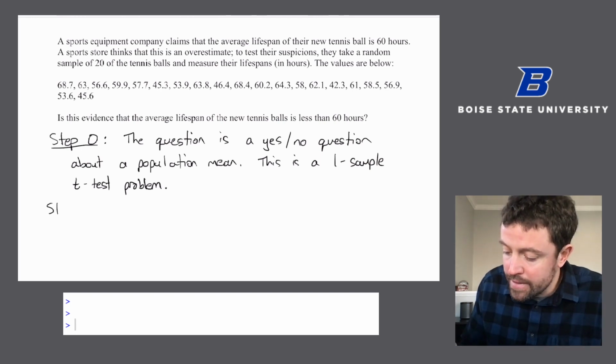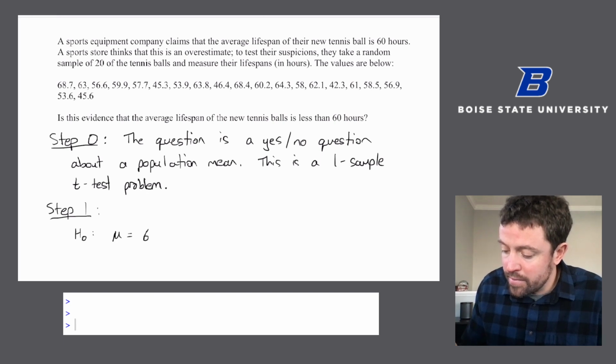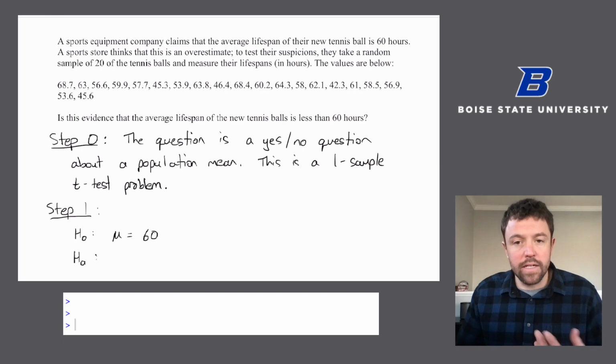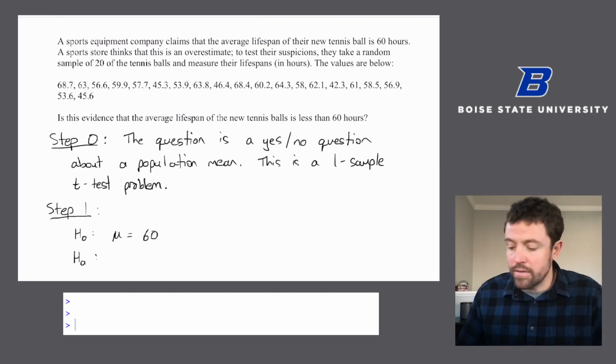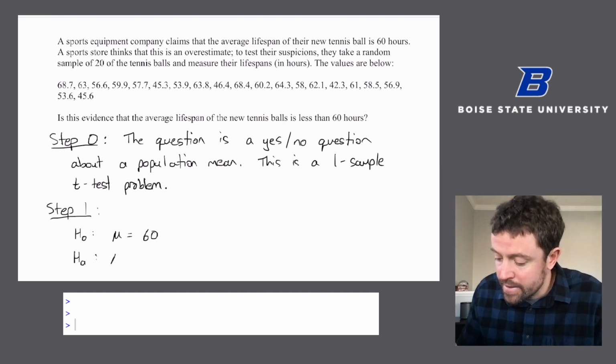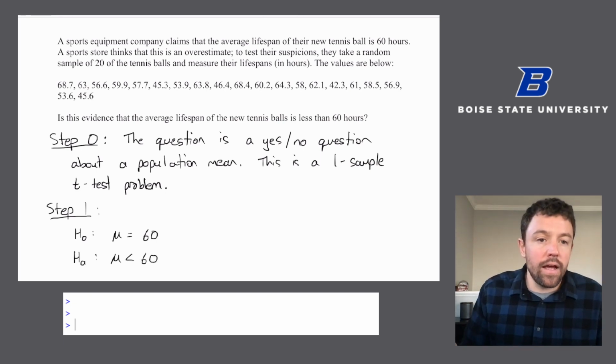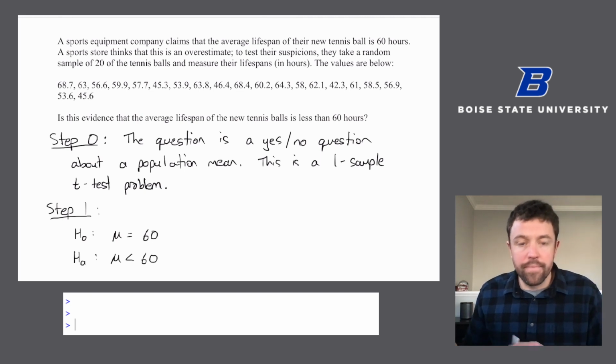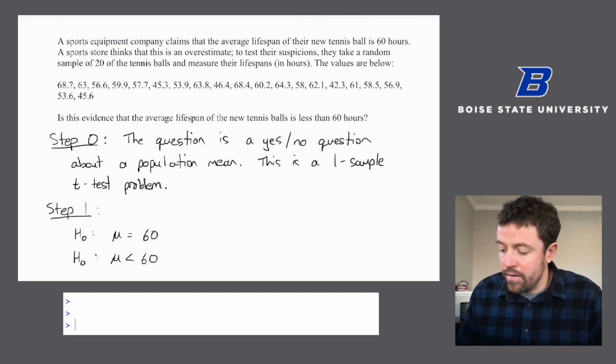Step 1 is to state my hypotheses. So step 1, my null hypothesis is that the true average lifespan, the true population mean, is 60 hours. And my alternative hypothesis, since they're looking for evidence that the average lifespan is less than 60, is that mu is less than 60. And I always like to add a hypothesis in words.